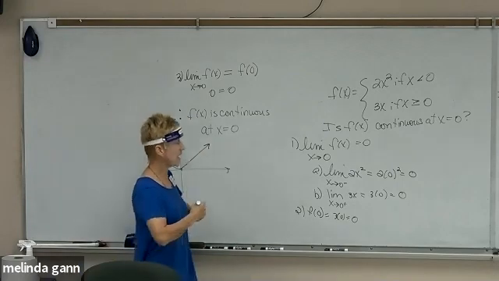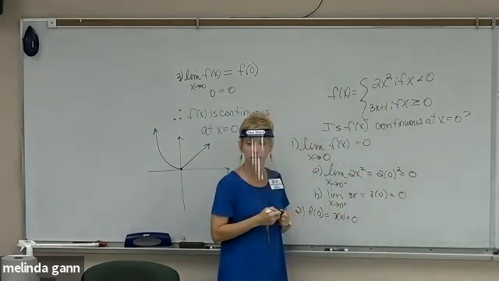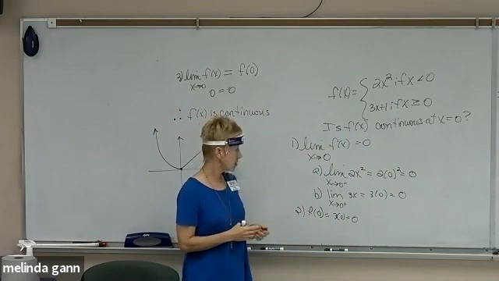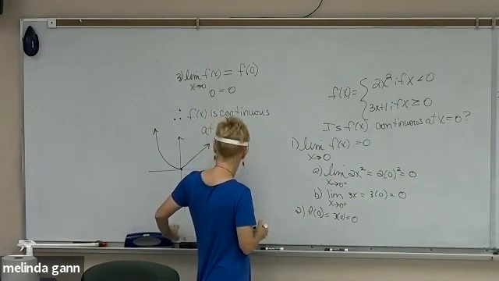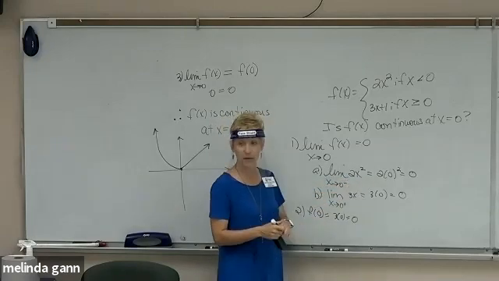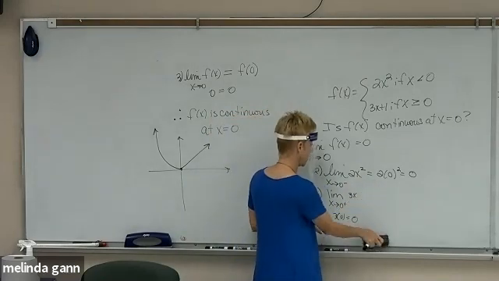Now, what if instead of it being 3x, what if it had been 3x plus 1? Uh-oh, wait a minute. I'd be in trouble. Because now, this is still going to be 2x squared. Everybody with me? But this one isn't 3x. What's this one now? 3x what?